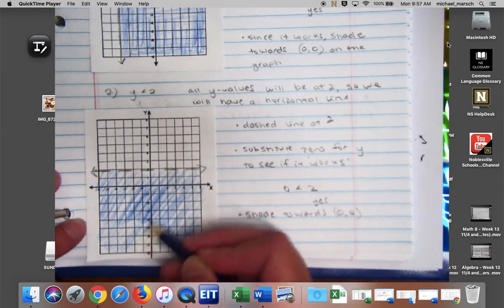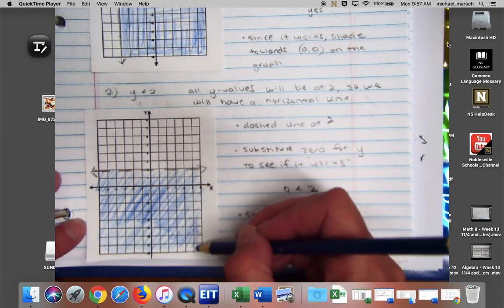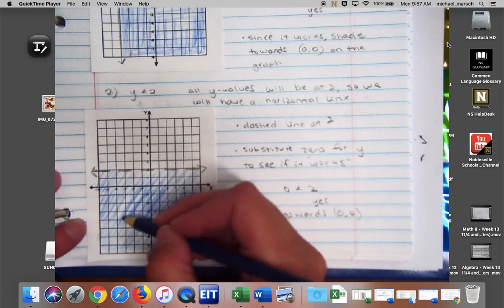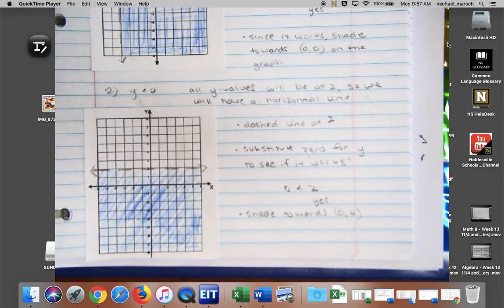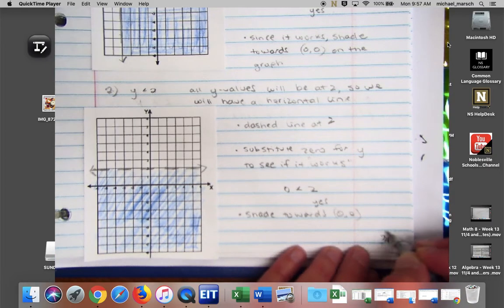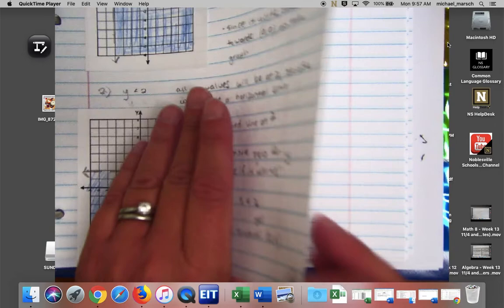Again, I used 0 just because it's an easy number to think about in our head. We don't have to overthink it, right? Okay, so that's our first page, and I believe this should be page 34 for your notes, or at least for mine. Okay, so let's move on to page 35.